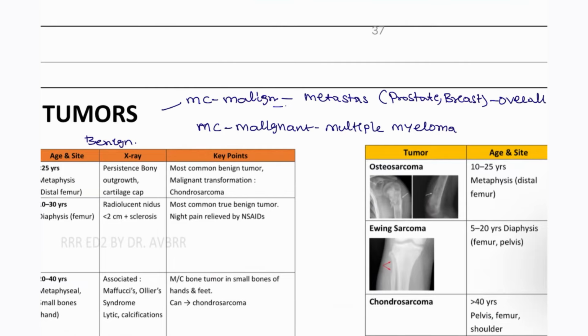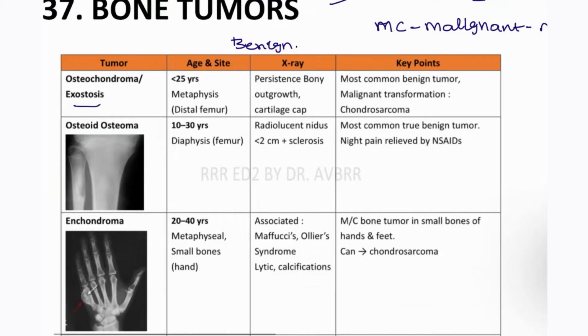Next, coming to the benign tumors, here you can see exostosis, osteochondroma, which will be involving the metaphysis, persistence of the bony outgrowth. This is the most common benign tumor, and if it is transformed to malignancy, it will cause chondrosarcoma. Next, osteoid osteoma, here the nidus formation will be seen, a radiolucent nidus surrounded by sclerosis. And the classic presentation, the patient will be having night pain relieved by NSAIDs.